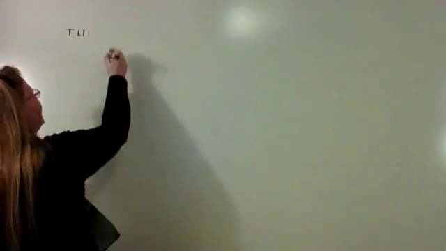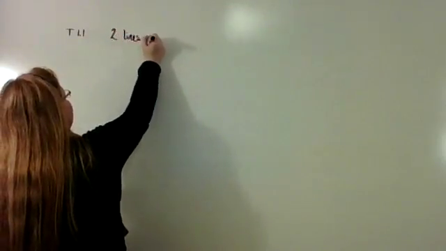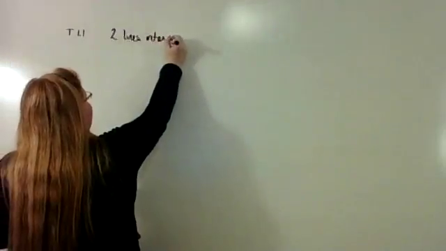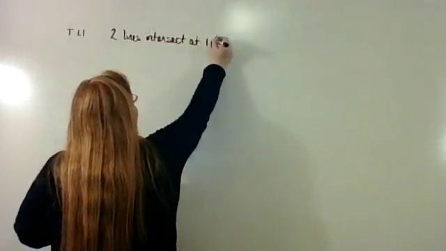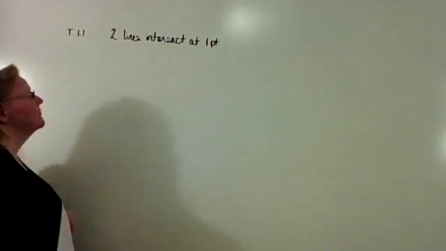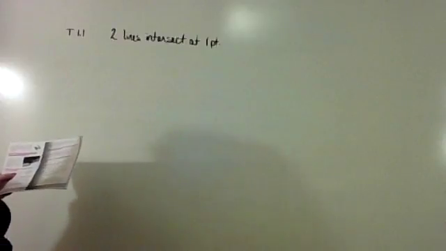Now I could write the whole thing up there, but that's not necessary. What's necessary is 2 lines intersect at 1 point. No more wordy than it needs to be. Please, the simpler the better.